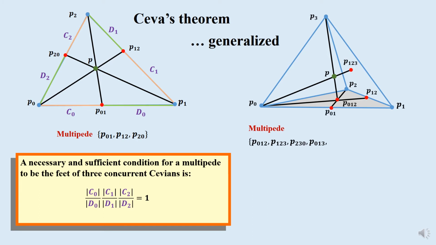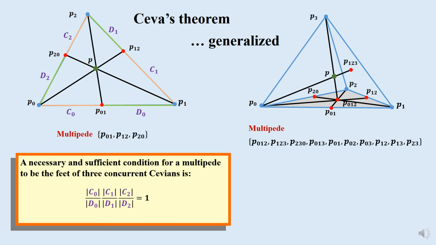Starting from P2, we have a Cevian that ends at P01, and then again a Cevian from P1 that ends at P20. And we can create also points on the other edges of the tetrahedron. Altogether, we are going to have 10 feet: 4 on the two-dimensional faces and 6 on the one-dimensional faces of the tetrahedron.